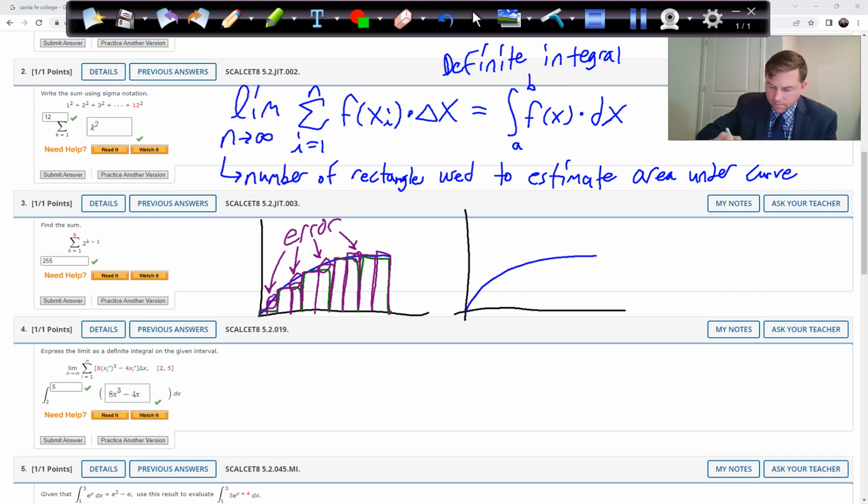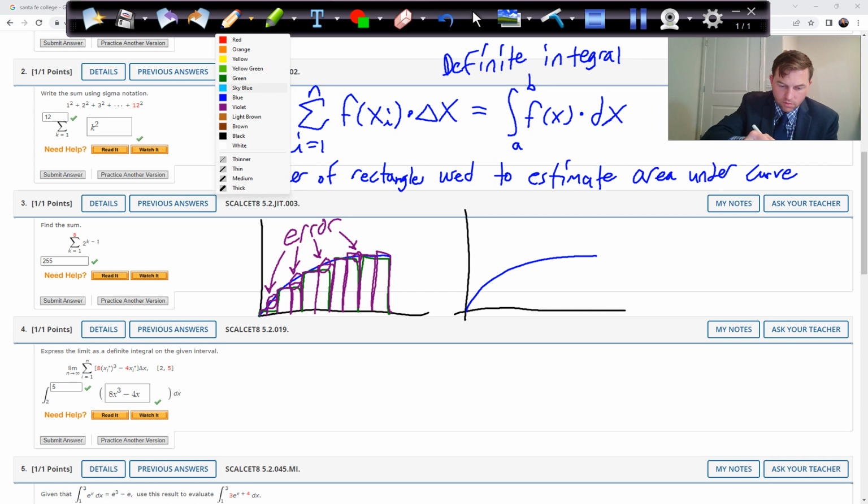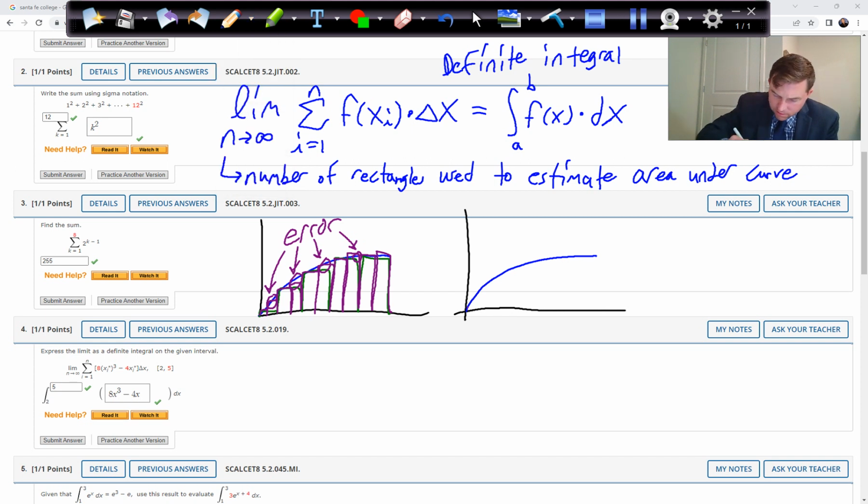So basically, the area under the curve is literally just a bunch of straight lines that have almost no width at all, infinitesimally small width, and that is going to be the area.